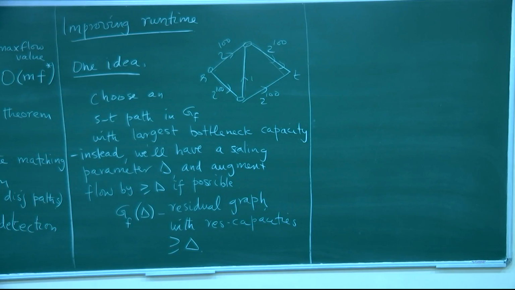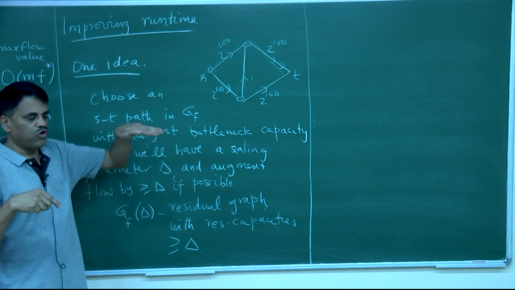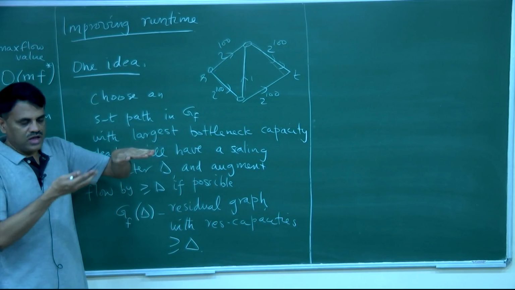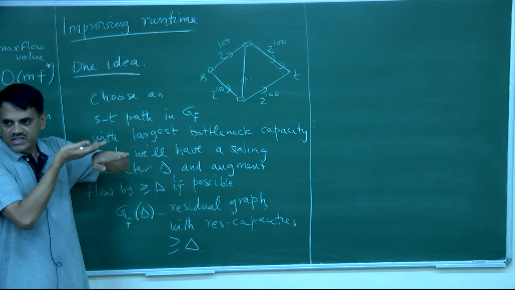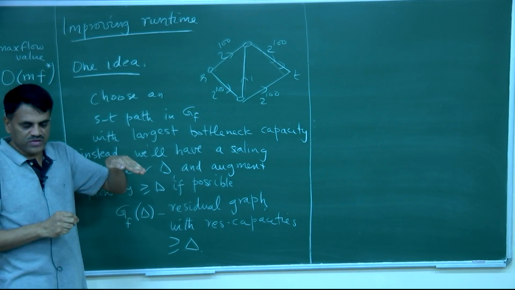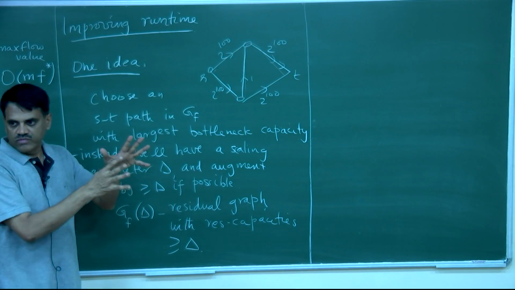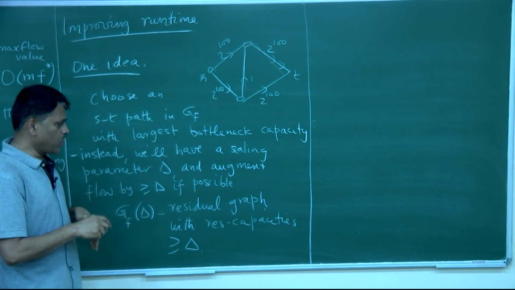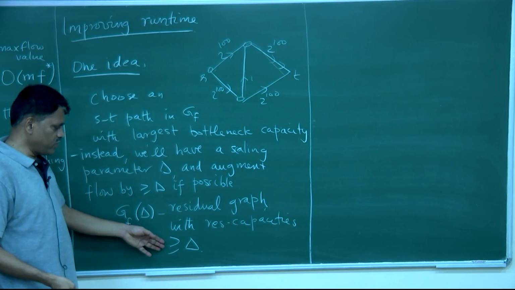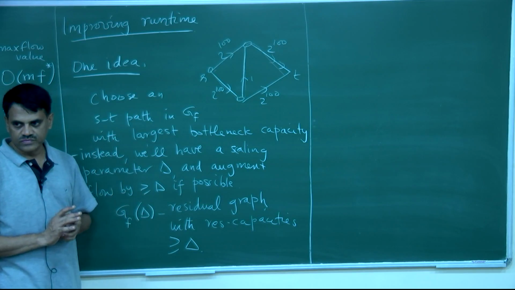When I'm constructing the residual graph, remember how we construct it: whenever you have a flow in one direction, if the edge is not saturated, put that edge with the remaining capacity as its residual capacity, and put the reverse edge with whatever the flow value is. Okay, that's a residual network. Now I'm going to do an extra thing, which is that whenever the residual capacity is less than delta, don't put it in the graph. That's all.